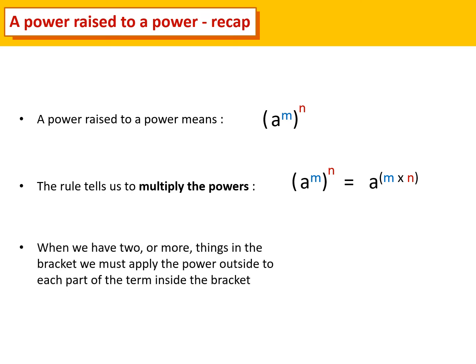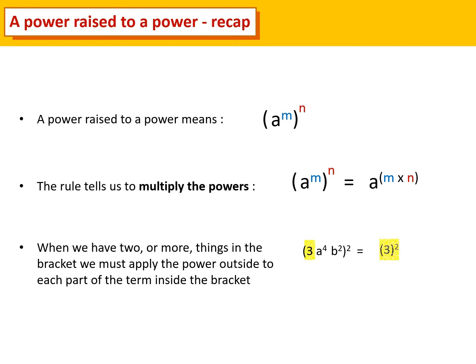When we have two or more things inside the bracket, we must apply the power outside to each part of the term inside the bracket. So there are three parts to the term inside the bracket: 3, a to the power 4, and b squared. And we apply the power 2 outside the bracket to each of those three parts.